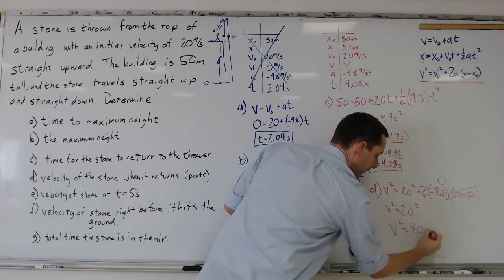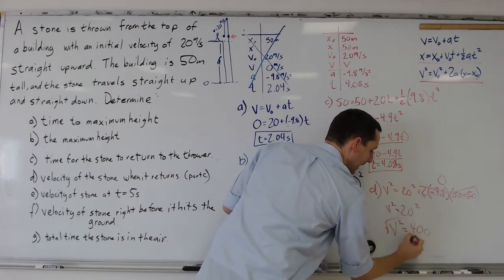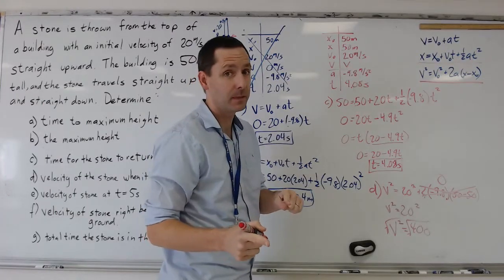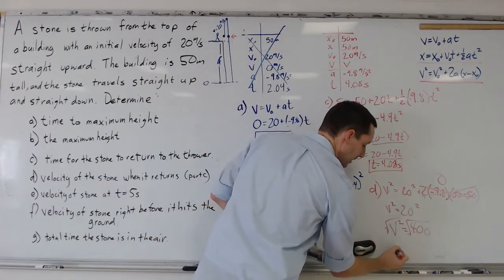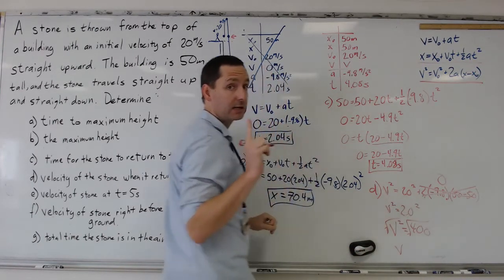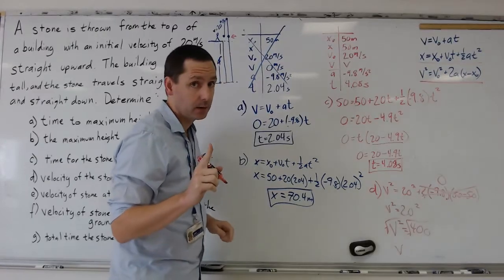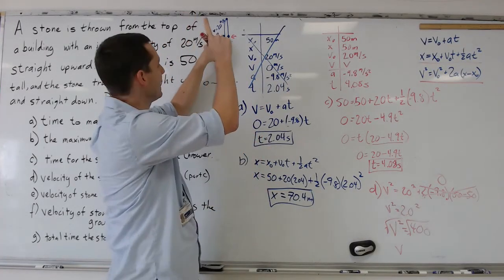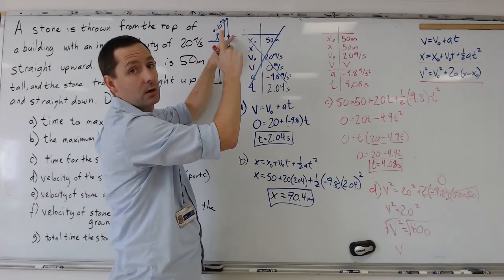Be careful here. How do I solve? I square root. But anytime I square root, the answer could be positive or negative. So it's either plus or minus. A lot of you don't get to this point and say, oh, it's 20. No, because remember, velocity has direction. If velocity was 20 meters a second going up, it cannot be positive 20 here. It's got to be going down.